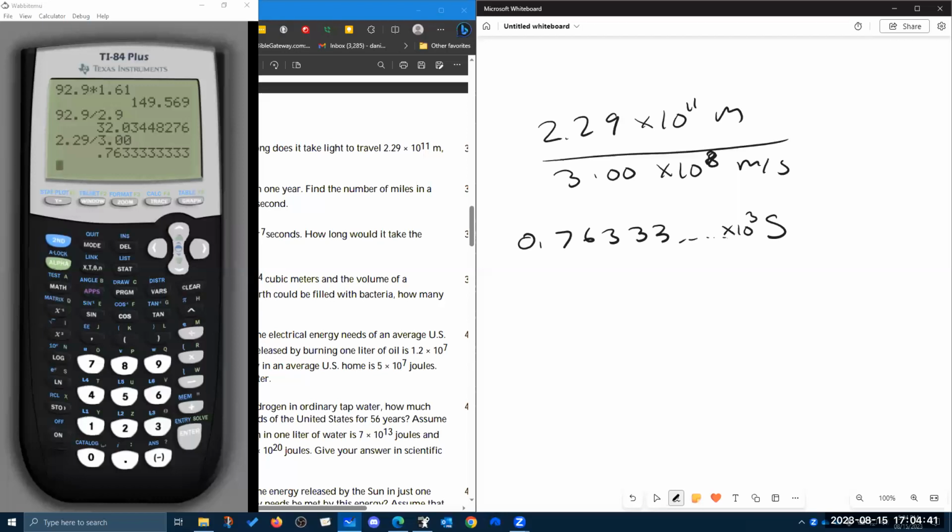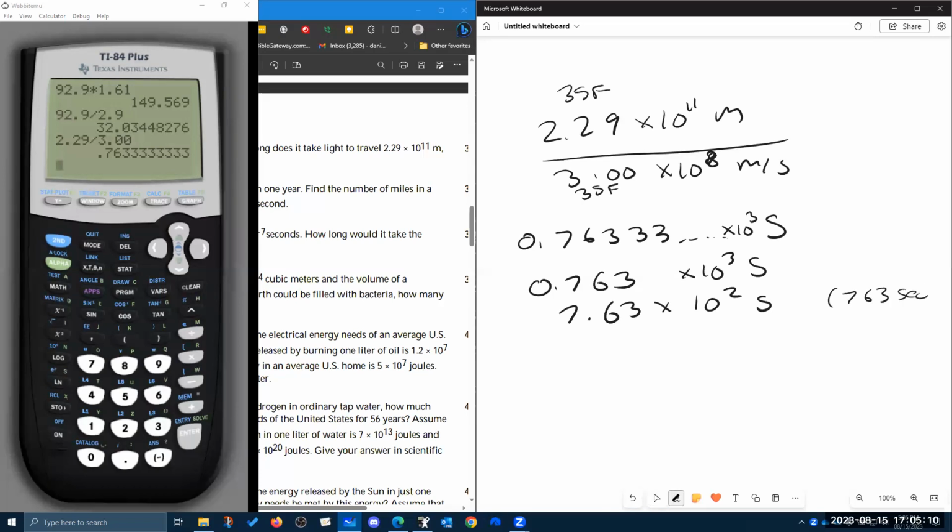And we have 3 sig figs here, and we have 3 sig figs here. So we're going to go to 3 sig figs here, and then we're going to write that in scientific notation. So 763 seconds is what that would be.